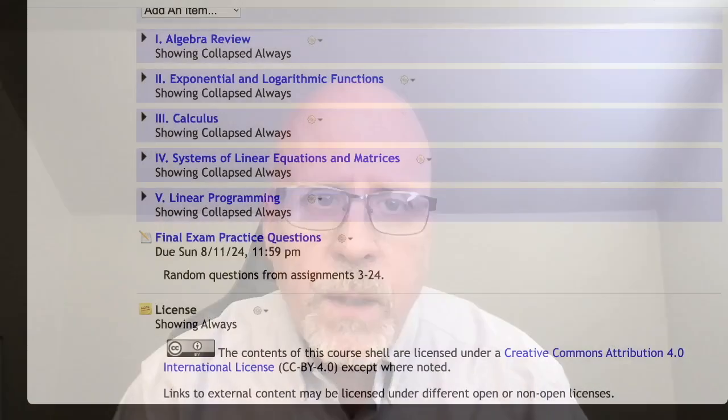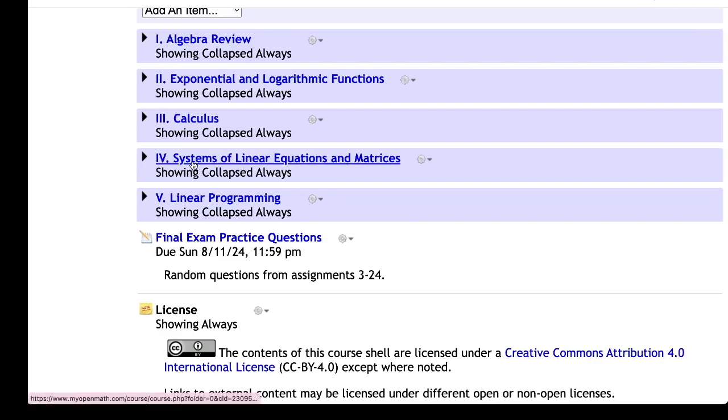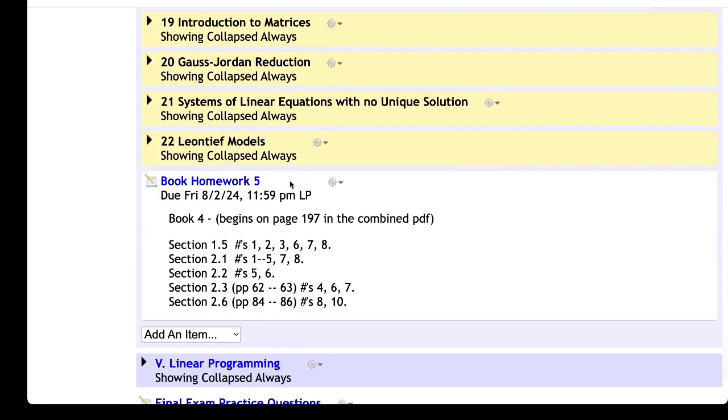So let's get rolling. The first thing I want to do is have us look into the text area. The area we're in right now is section 4, and within that we're on the last subsection, 22 Leontief models.